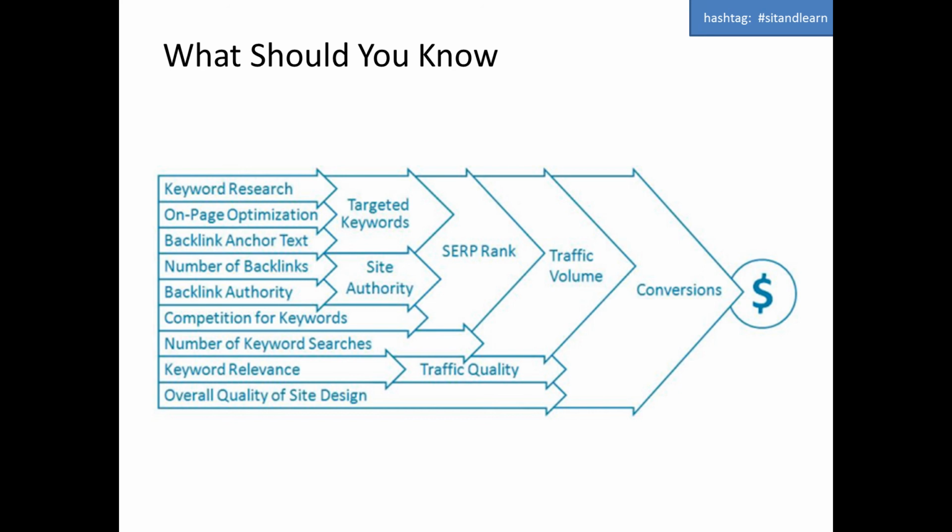That works on your ranking, period. So how do you get more traffic volume? Well, it's a combination of the ranking with the competitors, the number of keyword searches, competition for keywords, keyword relevance, and traffic quality.